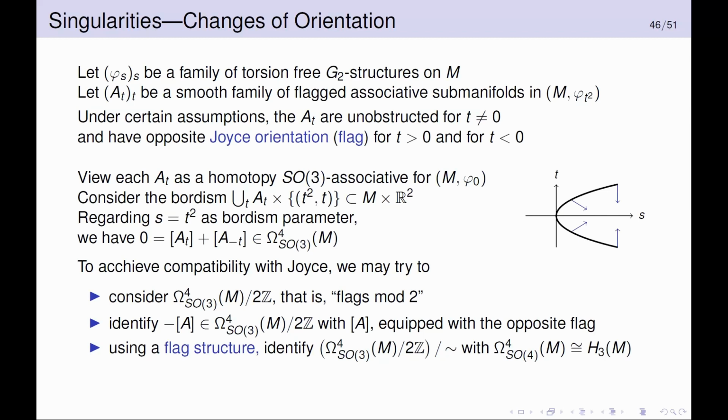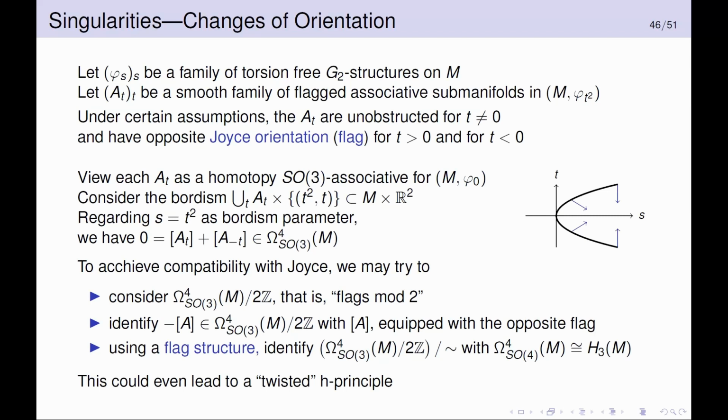And then we would have to identify minus A with A equipped with the opposite value. And then we would identify similarly this quotient of flat cobordism by this equivalence relation with the SO(4) cobordism. And in that setup, we might even hope for a twisted h-principle.